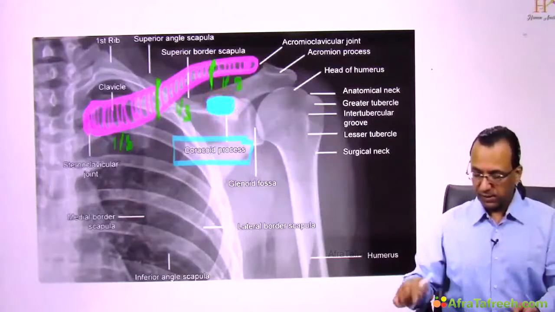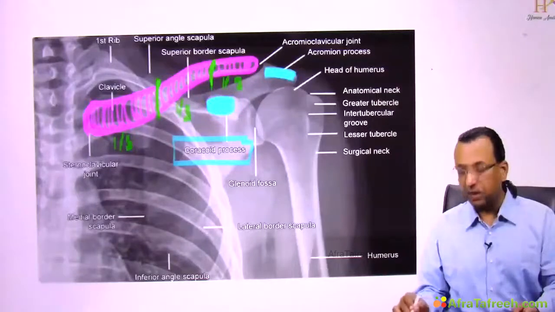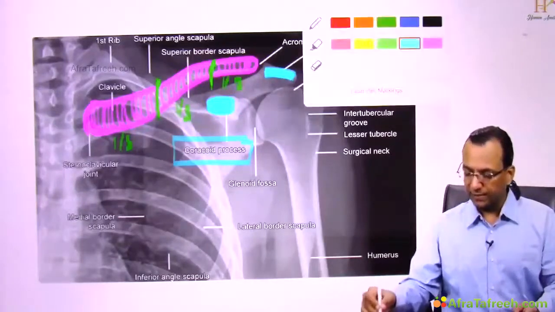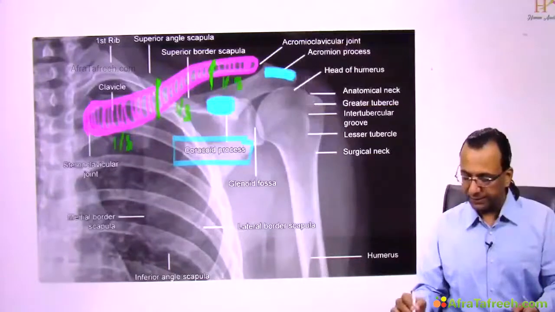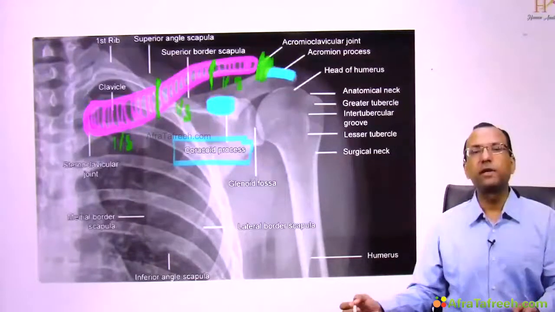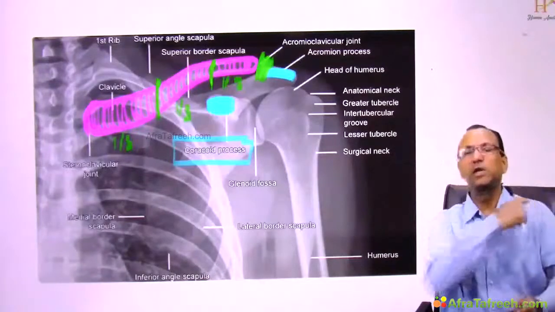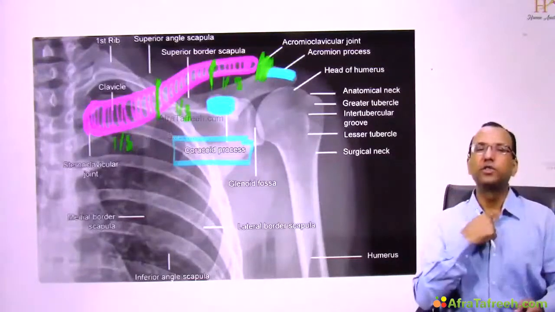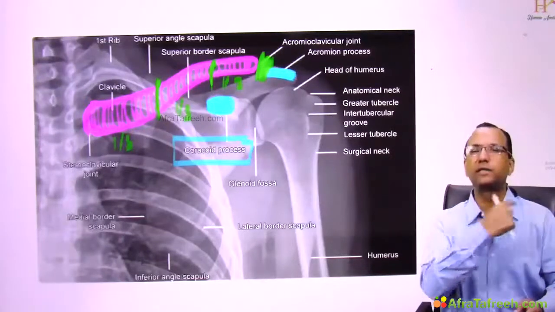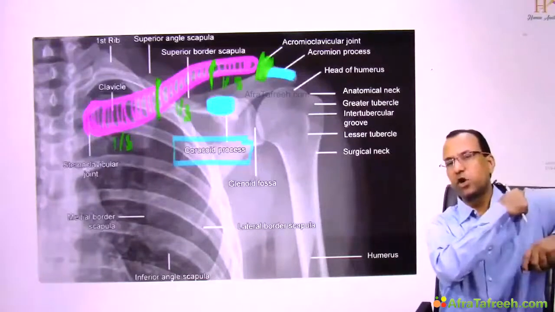And that is the acromion process of the scapula, making a joint with the clavicle, which is called the acromioclavicular joint. This joint helps us in shoulder abduction along with the sternoclavicular joint, which is elevation of the humerus.